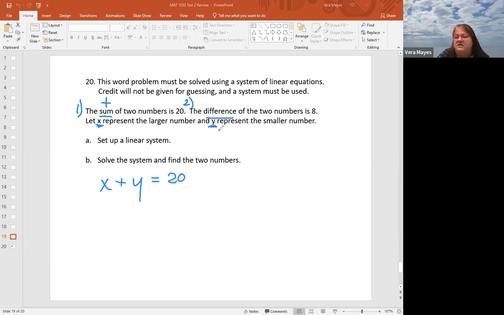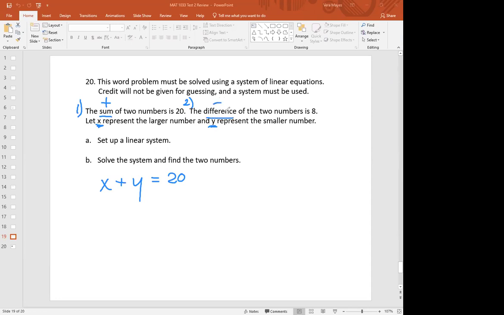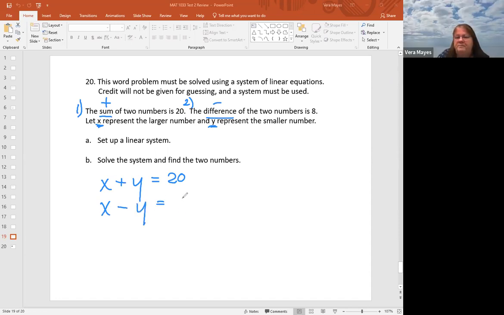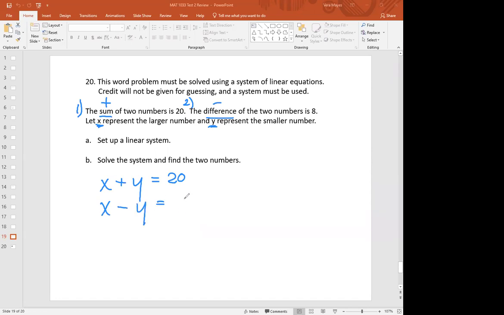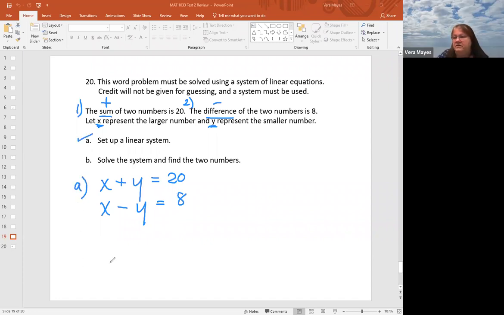What does difference tell us to do? Minus. Okay, so we have x minus y equals what? 8. That's the system of equations that they're going to be looking for. If you just give them the answers on this one, you're not going to get full credit. So be sure you write the equations down, and now we're going to solve them.